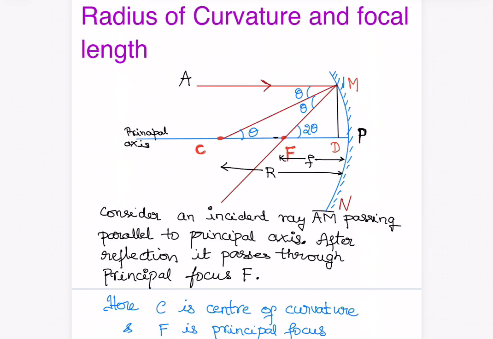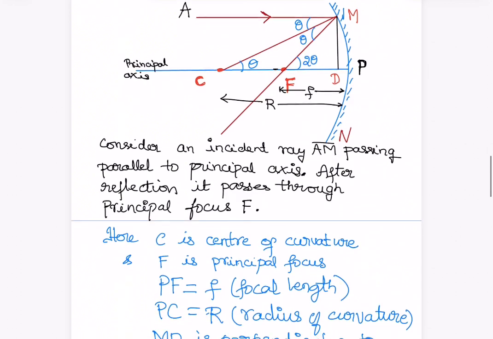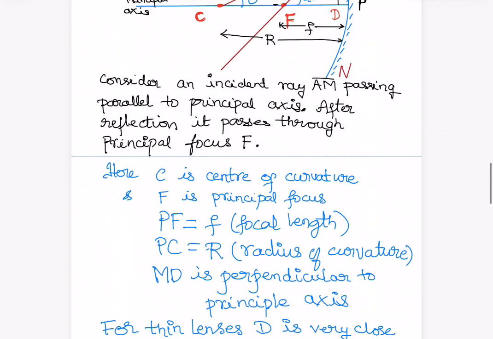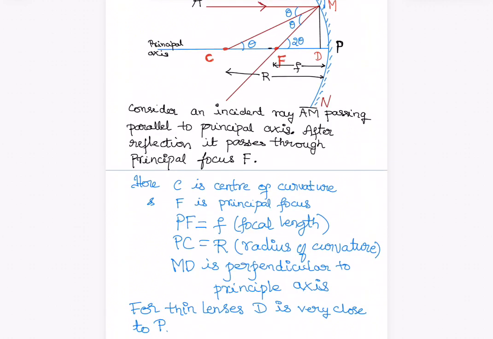Consider an incident ray AM passing parallel to the principal axis. After reflection, it passes through the principal focus F. Here C is the center of curvature and F is the principal focus, PF is the focal length, and PC is the radius of curvature.